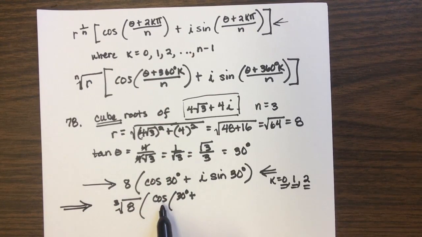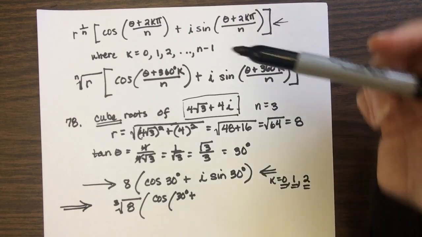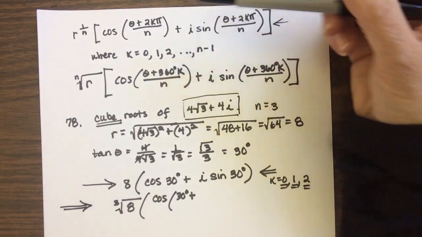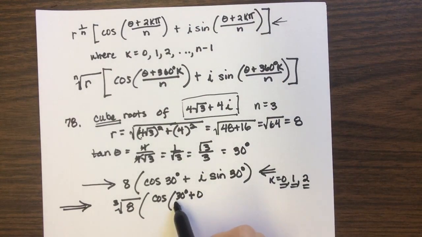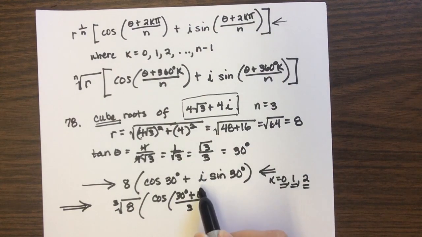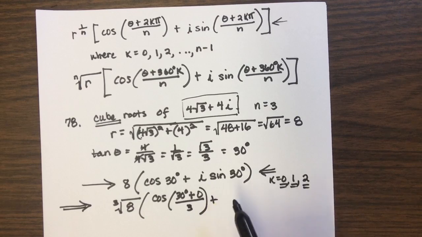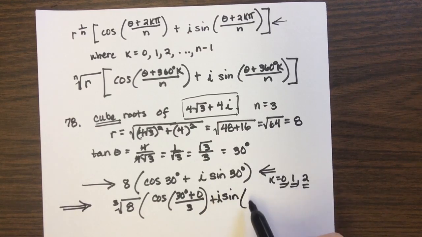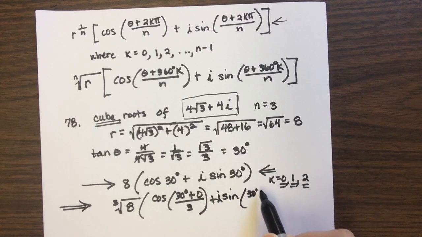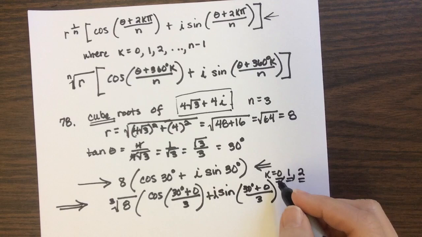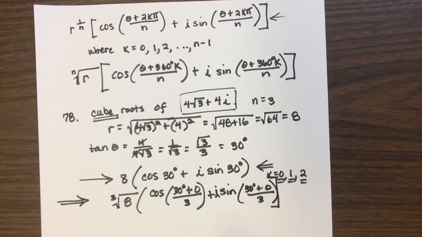So this is going to be the cosine of 30 degrees plus, so I'm using 0 first. So I've got 360 times 0, which is 0, over n, which is 3, plus the sine times I of the same thing, 30 degrees plus 0 over 3. So that's my first one.